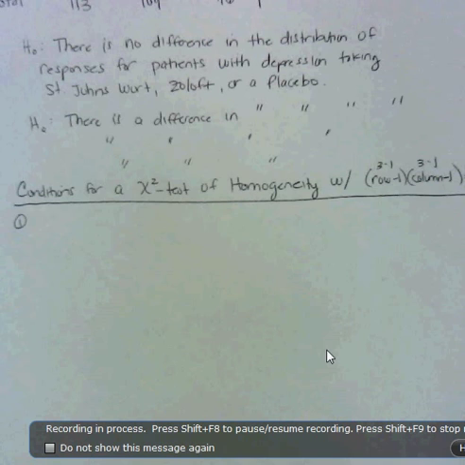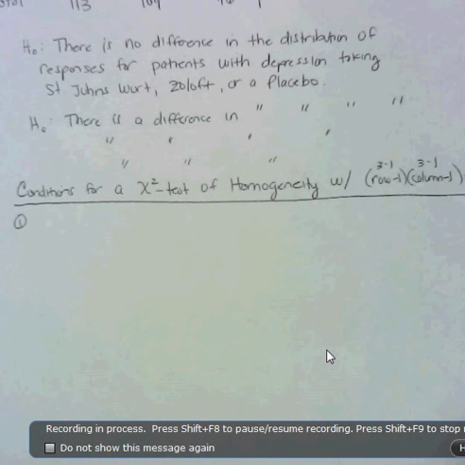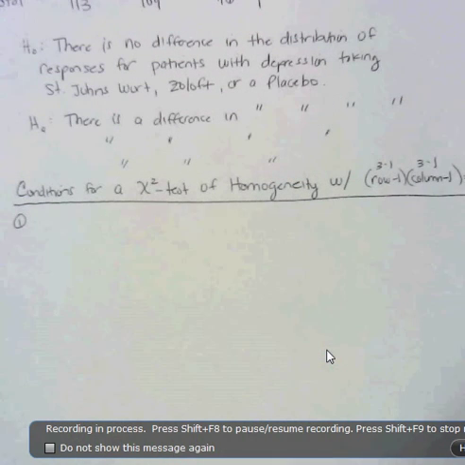Okay, so now number 1. Hopefully this isn't the first time it's come into play, but number 1 is you have to check, is it a simple random sample? Well, when you're doing an experiment, you're most likely not going to have a simple random sample. These people are in this experiment because they are depressed. So instead of it being a simple random sample, we just make sure that our people were randomly assigned.